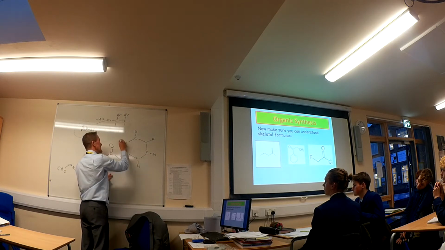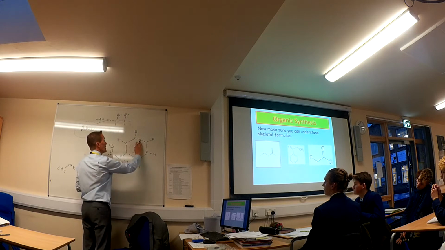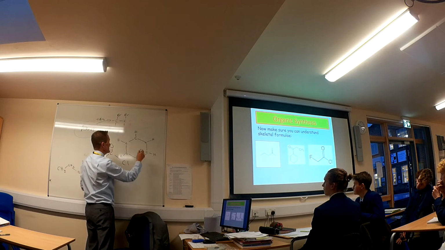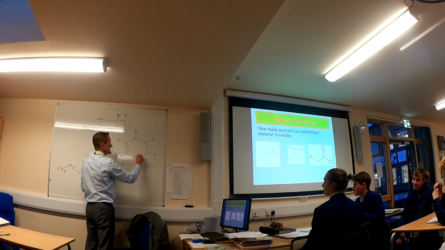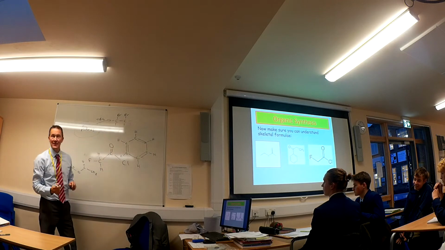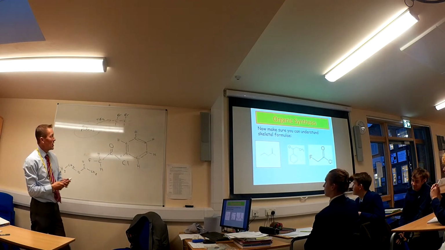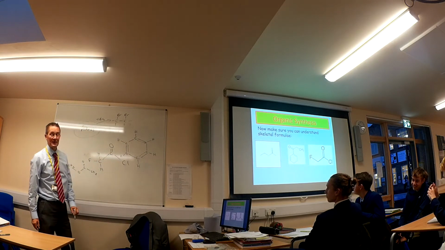And depending how you see it drawn, you either see it with a circle in the middle, or as they've drawn it, it's called the Kekulé structure. They've got alternating single and double bonds, like that. Okay? So if you look at each carbon, it's got 1, 2, 3, 4 bonds. Every single one's got 4 bonds.